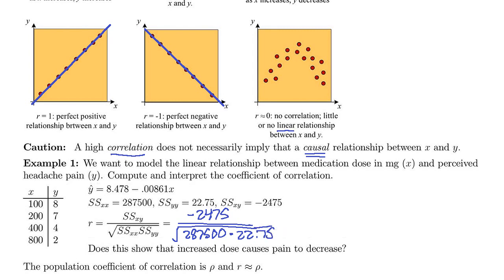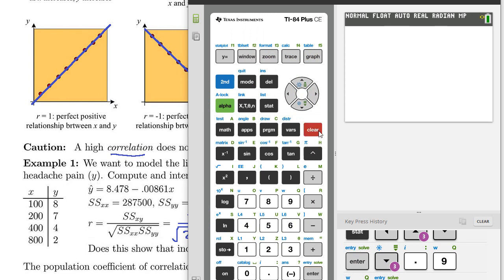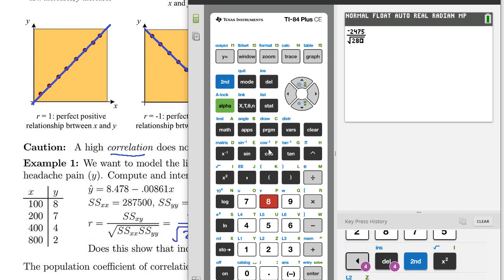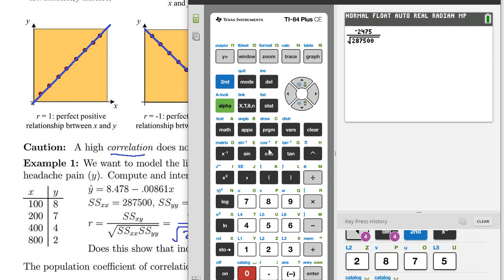So let's go ahead and compute that on the calculator. Alpha y equal enter gives us a horizontal fraction. In the numerator, 2475. Denominator, 2875. Oh, wait, we need to put a square root in there. So square root of 287,500 times 22.75.